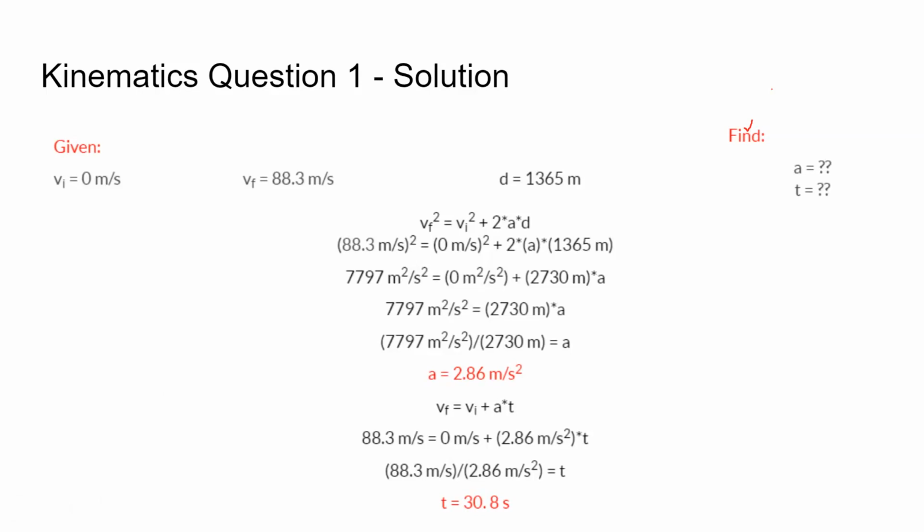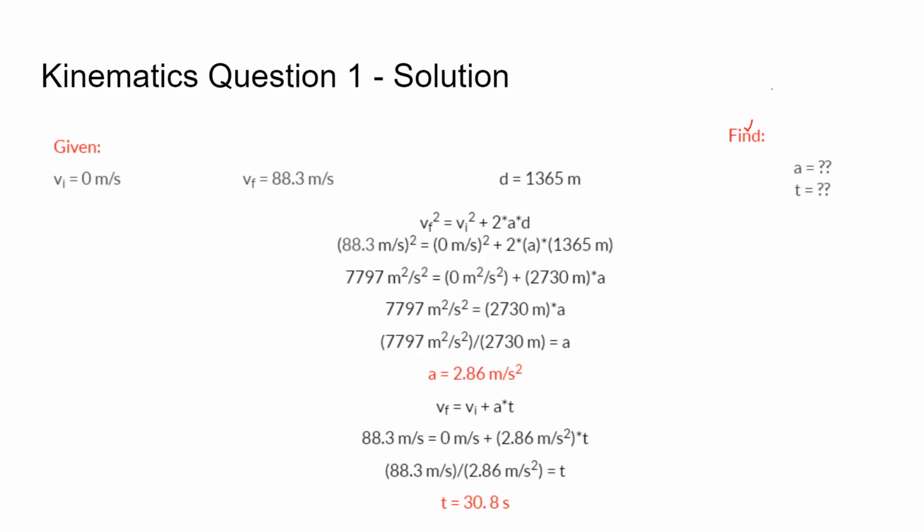To find the acceleration, we can use the kinematic equation which doesn't involve time, which would be final velocity squared equals initial velocity squared plus 2 times acceleration times change in position. Plugging all our given information in, we can solve for acceleration, and our final answer for acceleration will be 2.86 meters per second squared.